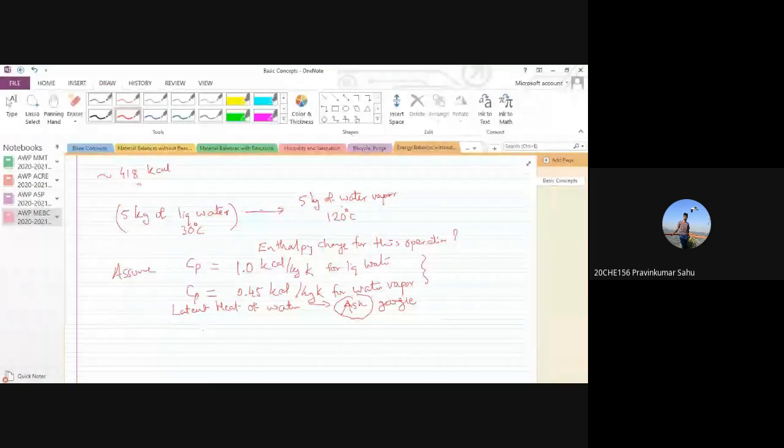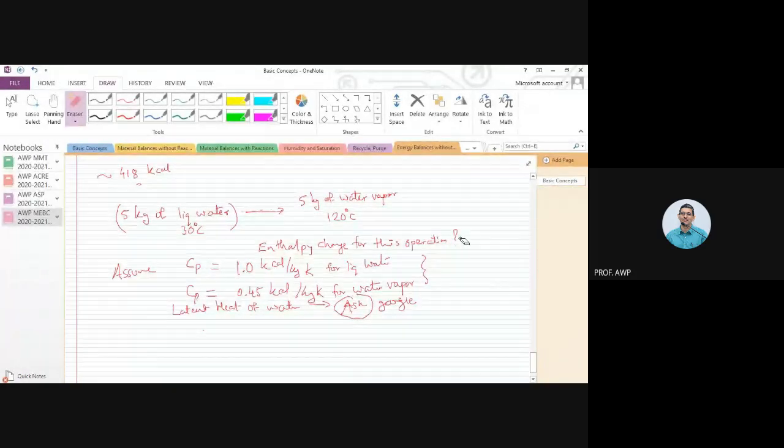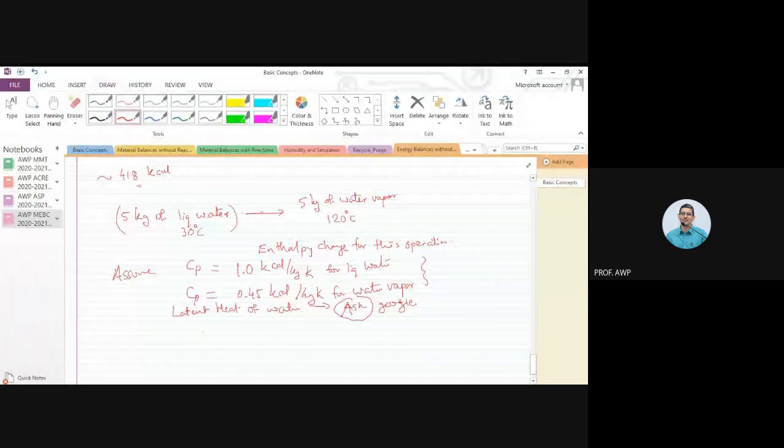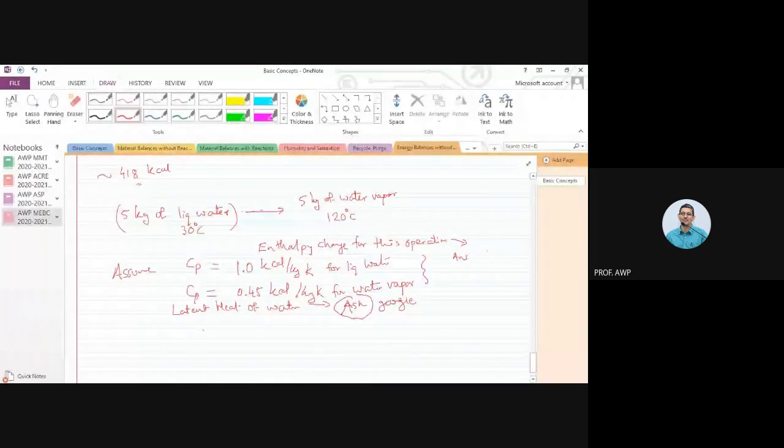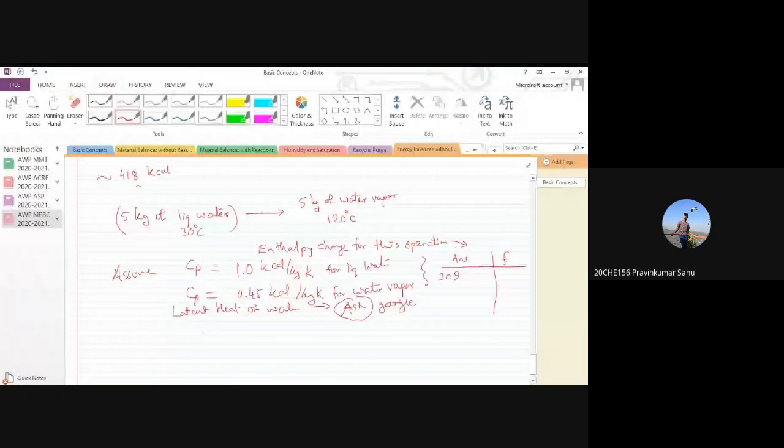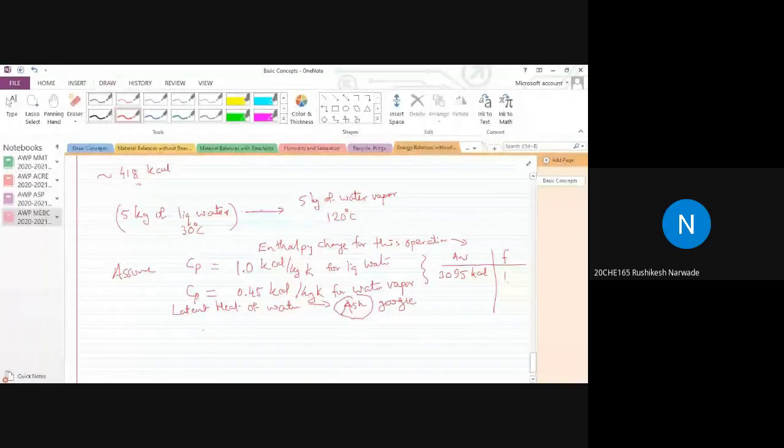Sir, I am getting the answer 3095 kilocalories. Yes, sir, same. Okay, let me write the answer and frequency. Yeah, Praveen, what is your answer? 3095 kilocalories. Okay. Sir, I got 2700 kilocalories.